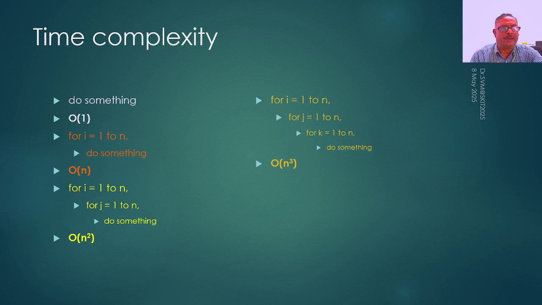If you are trying to do some simple work like finding the first number of the 1,000 numbers, it's just a one-step activity. So that's the order of one. Or if you are trying to search for something in that list, then definitely you may have to go from first to last. So it will take n steps in the worst case to reach the end. So that will be order of n.